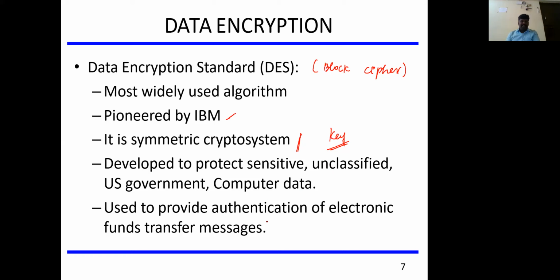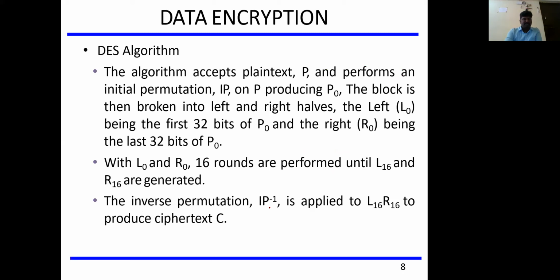Now I could say that this technique is outdated. Rather, we are using Secure Socket Layer encryption and SSL encryption techniques for electronic fund transfers. Now, the logic behind the DES encryption technique: this algorithm accepts plain text P and performs an initial permutation. Permutation is again a kind of transposition technique.